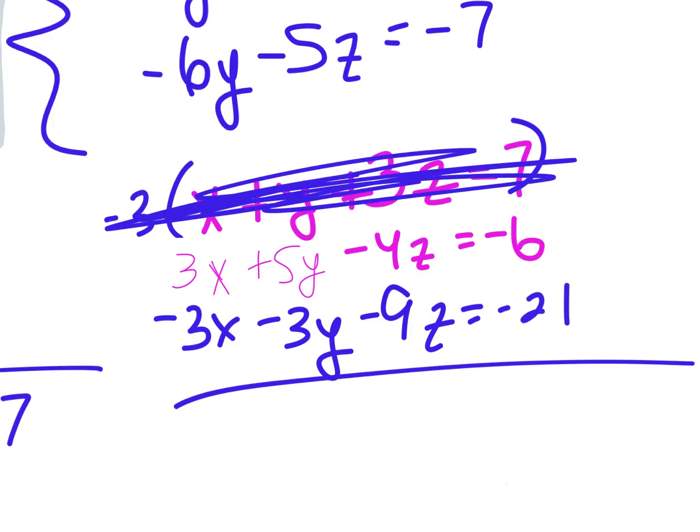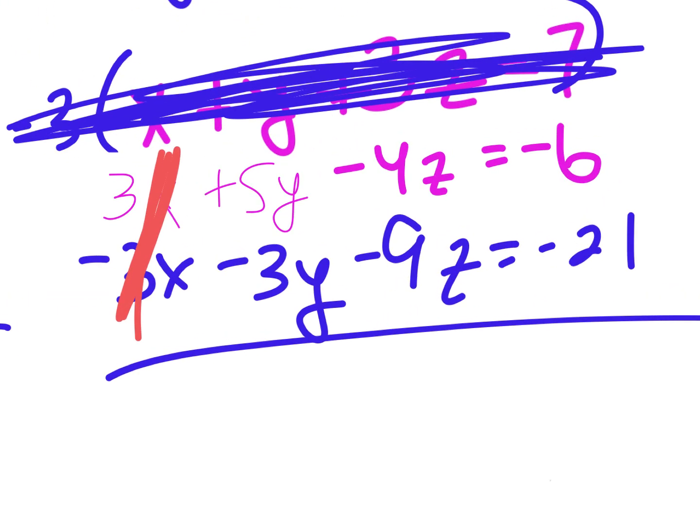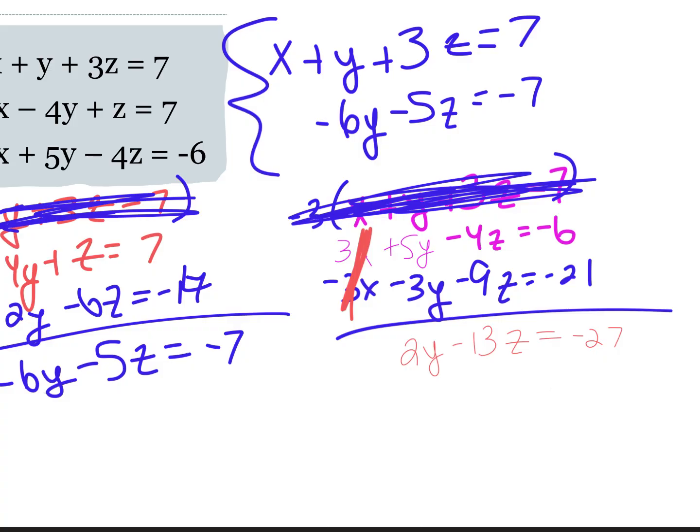This is no longer there because I've created my second equation. Now I'm going to cancel out the x's. 5y minus 3y is 2y. Negative 4z and negative 9z gives me negative 13z equals negative 6 and negative 21, which is negative 27. So I want my last equation to say z equals.